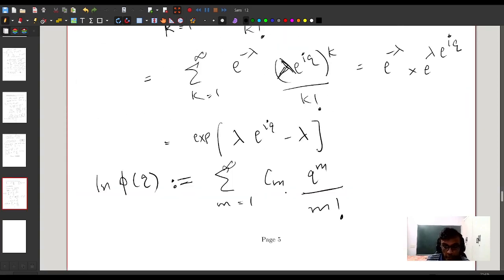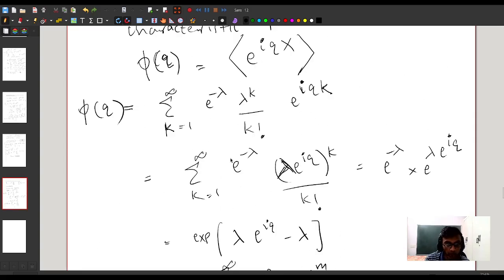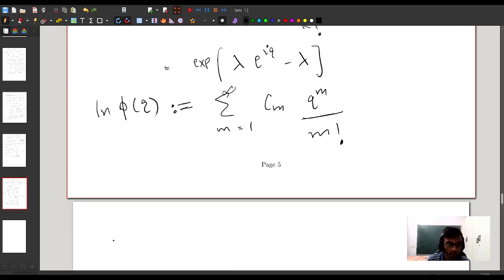This is how the cumulants are defined. We can use the form of phi of q we got.